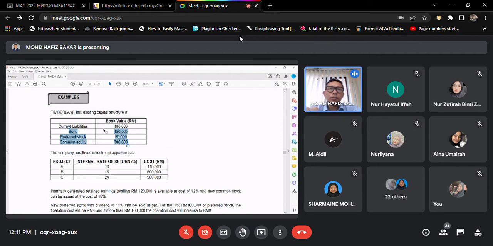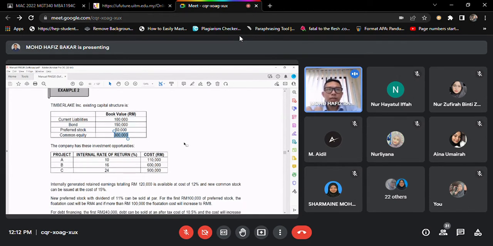And then each of them, macam bond 150,000 divide by 500,000, okay, to get the weightage. Same goes for preferred stock, 50,000 divide by 500,000, and 300,000 divide by 500,000 to get the weightage value. Dekat step number 3 nanti you buat.